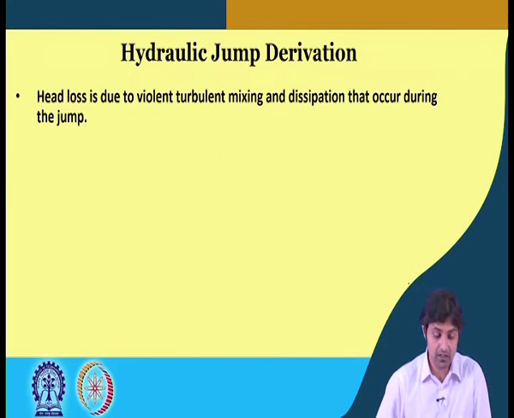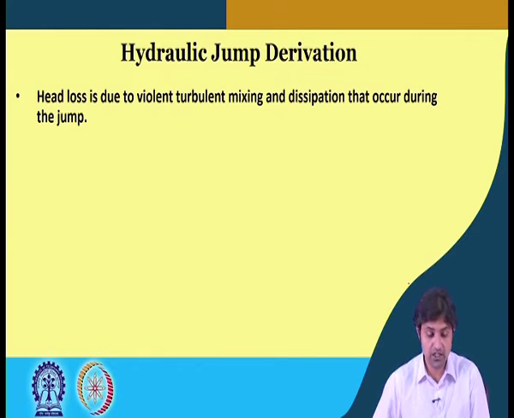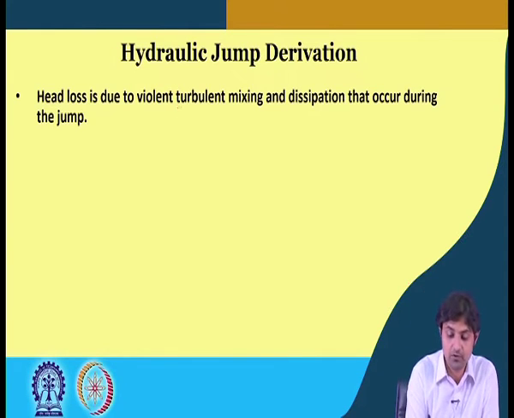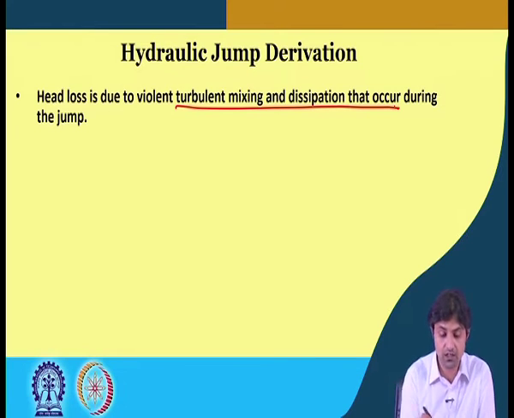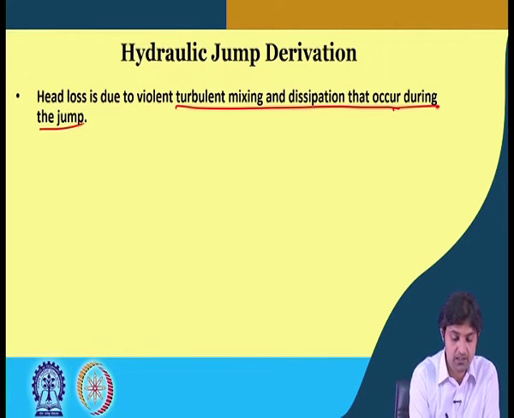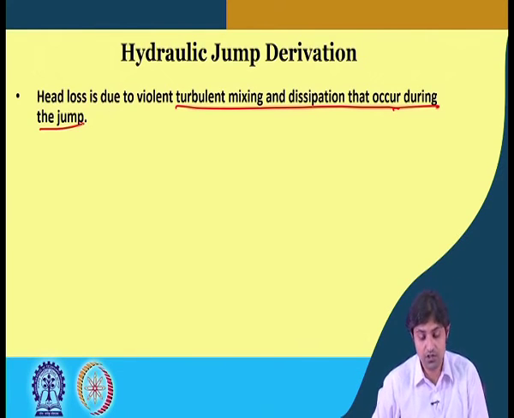We know that head loss is due to violent turbulent mixing and dissipation that occur during the jump. As I said, the phenomenon of the hydraulic jump is quite complex. It is a phenomenon where vigorous turbulent mixing is there, and because of that, dissipation in terms of heat will occur. So, energy is going to be lost during this jump.